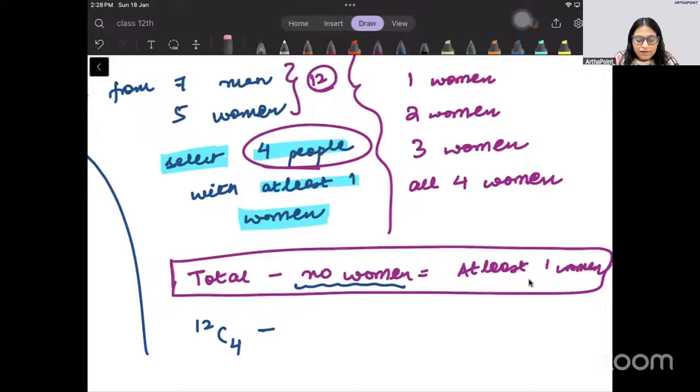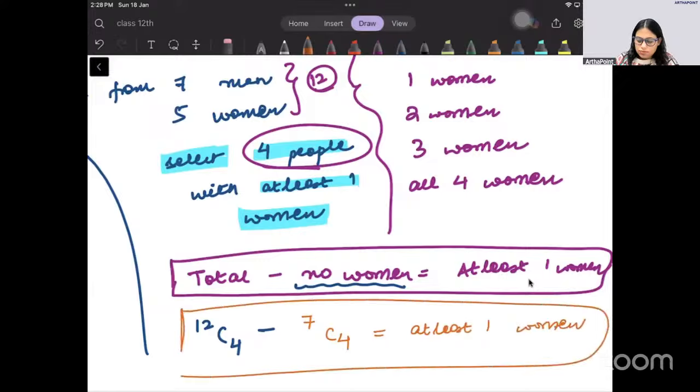So all 4 have to be men. So minus 7C4. This will be at least 1 woman. Is it okay? This is your answer. You have to select 4 people with at least 1 woman.